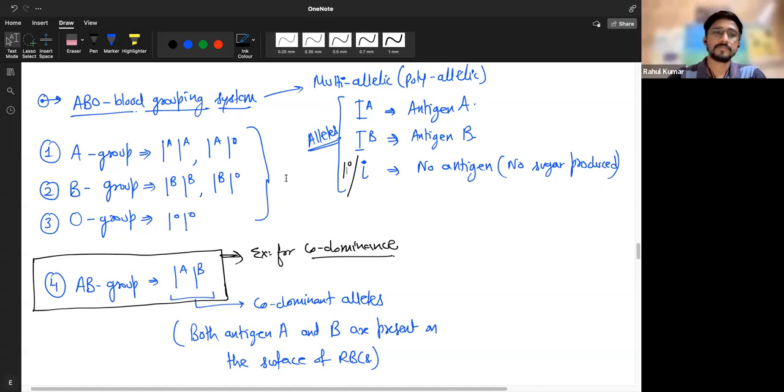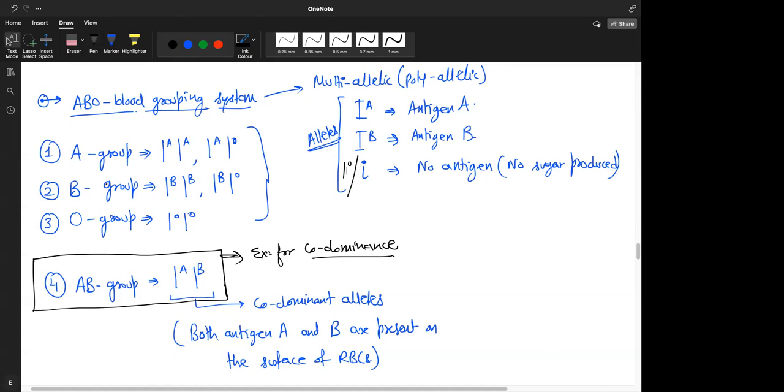For A blood group, there are 2 possibilities: IAIA and IAIO. For B blood group, there are again 2 possibilities: IBIB and IBIO. And for O blood group, only one possibility is there, that both the genes should be recessive, IOIO.